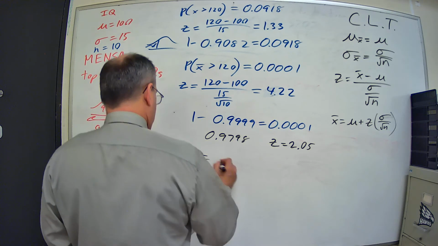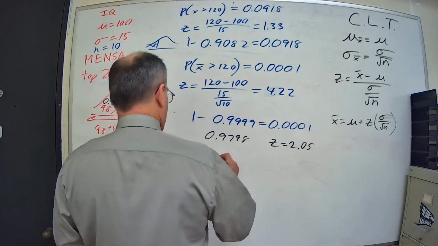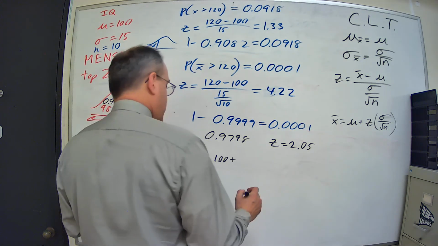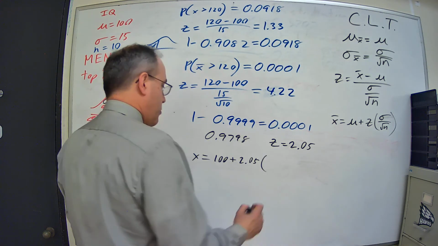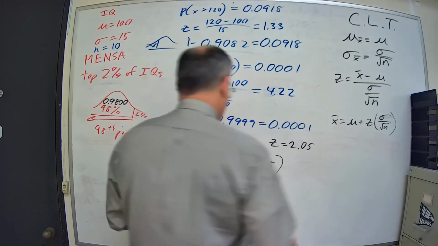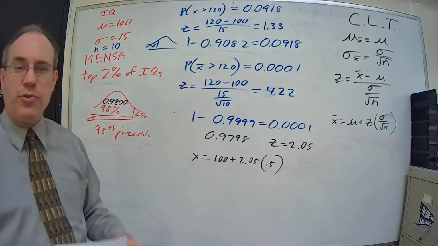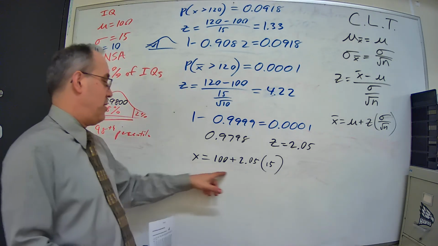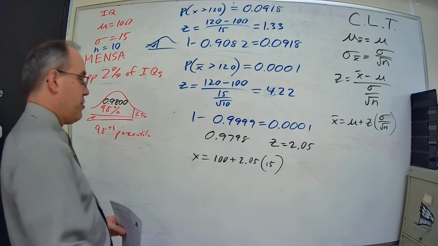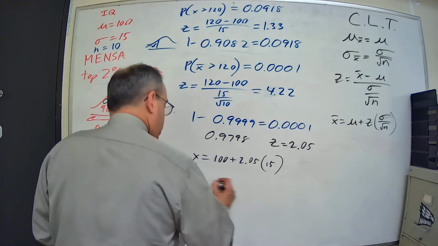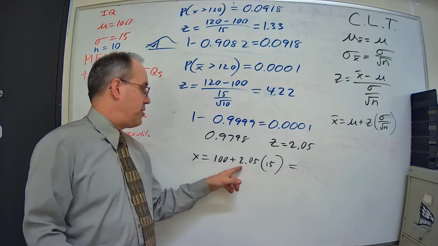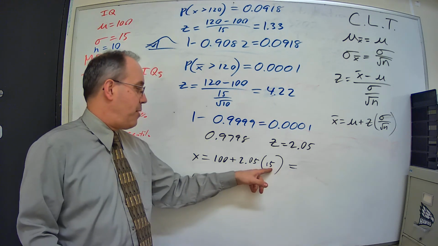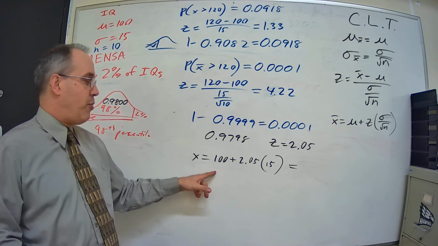So x is equal to mu, 100, plus z, 2.05, times sigma, 15. Remember, we're looking for what IQ an individual person needs. So plugging that in there, remember, order of operations says take 2.05 and multiply it by 15, then add 100.